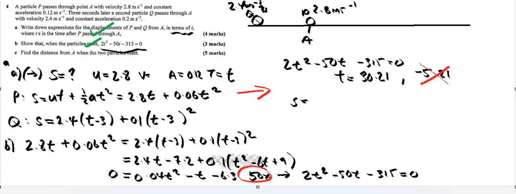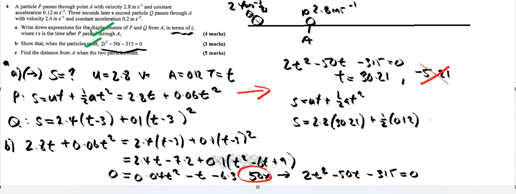So now if I use s equals ut plus half at squared, I can substitute in that 30.21. So my displacement equals the initial speed for P, which was 2.8, times my 30.21, plus a half my acceleration, which was 0.12, and then I have my 30.21 squared.